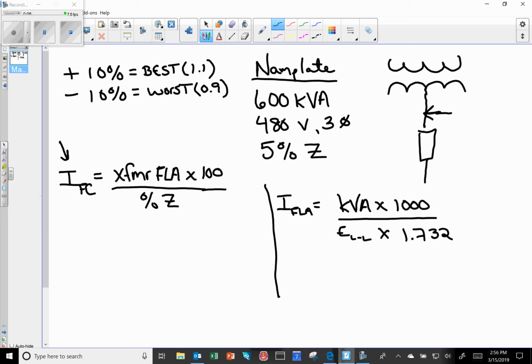When we enter these in the calculator, we need to make sure and put these in parentheses.